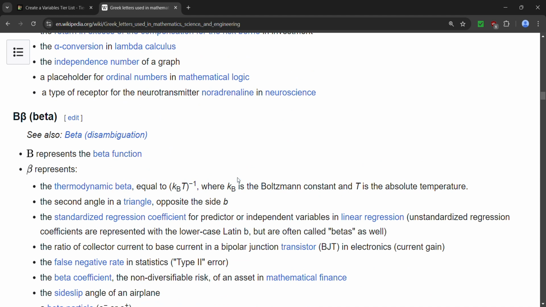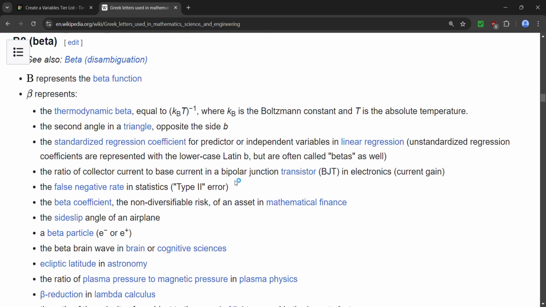Okay. Beta. Cool. Beta. Another angle. Okay. False negative rate. Cool. The beta is kind of seeming like a slightly worse version of alpha, you know. Like false negative versus false positive, beta particle versus alpha particle.